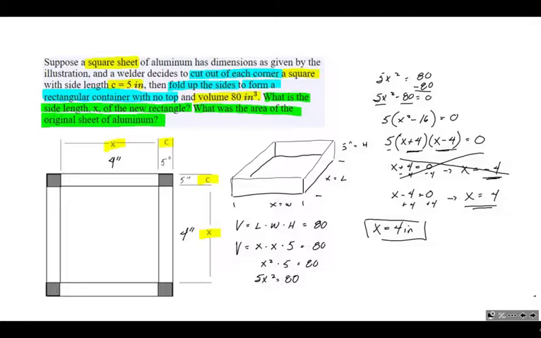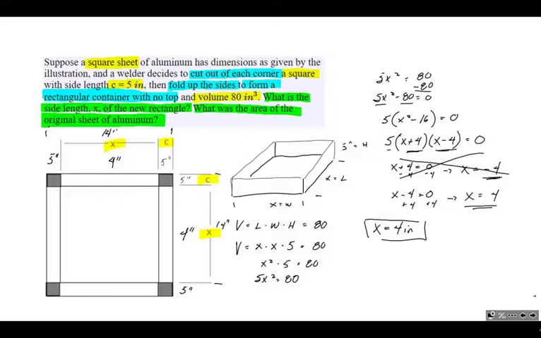We know that c is equal to 5 inches, and c over here is 5 inches, and c down here is 5 inches. And so for the side lengths of this square, we add up the 5 plus 4 plus the 5, that's going to give us 14 inches in this direction, and 14 total inches in this direction.